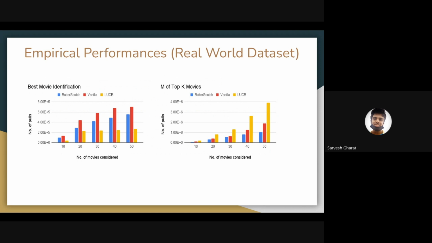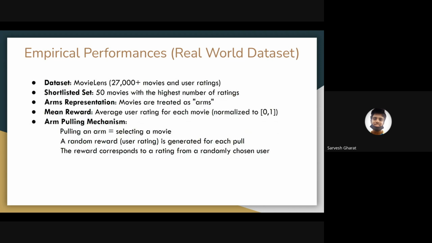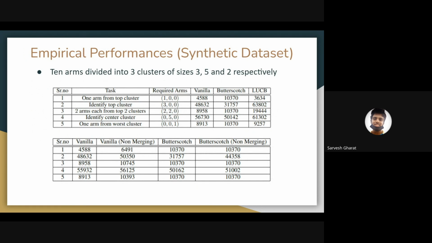Similarly, in the case of 20, 30, 40, and 50, we see a similar trend, that is butterscotch performing better than vanilla, and vanilla performing better than the LUCB version. That's what our hypothesis was, based on the synthetic data sets as well. For easier tasks such as identifying the top arm, or identifying one arm from the top 5 arms, or one arm from the worst cluster, LUCB is expected to perform better than the vanilla and butterscotch algorithms, unless the instance is very hard to solve.